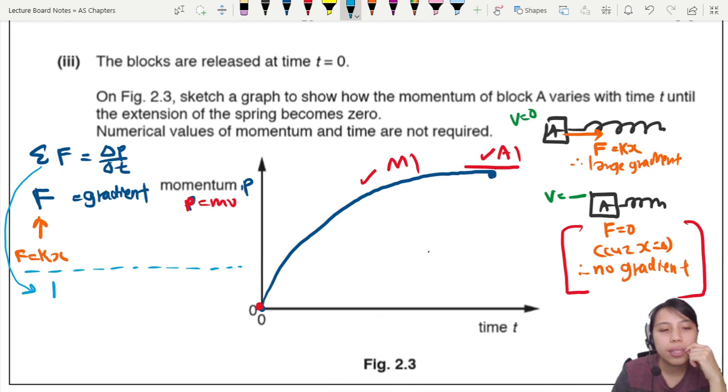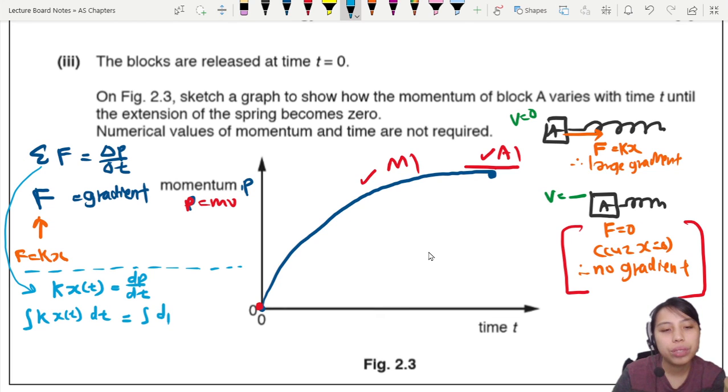This force is kx. And this x changes with time. So I'm going to put a bracket t there to remind ourselves that the x is actually changing. Then on this side, we have dp/dt. So I'm going to rearrange this and say, let's integrate kx(t) dt equals to the integral of just dp on the side.